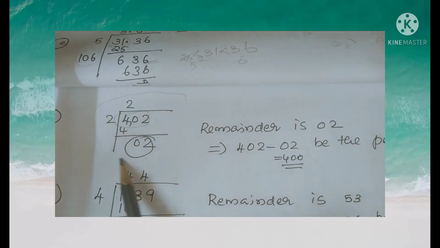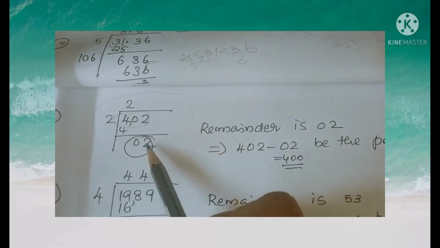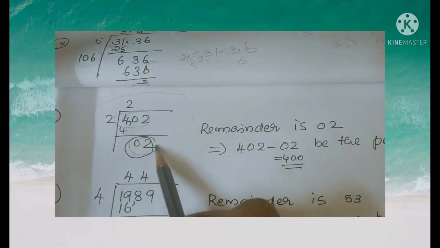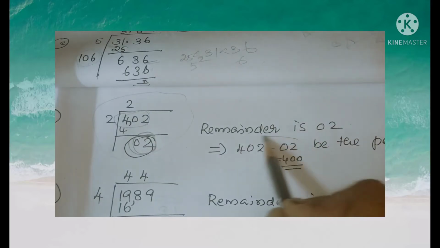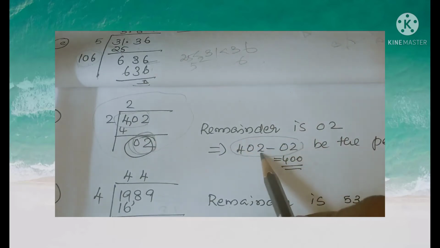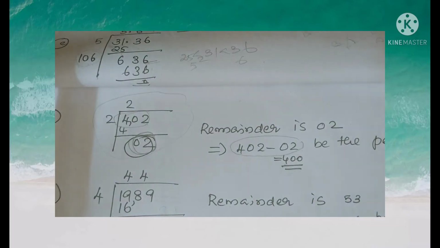As in the previous cases, we follow the same division method. After the first process, we got 02 as the remainder. So which number is to be subtracted? 402 minus the remainder 02. So the number is 400. We know that 400 is a perfect square.